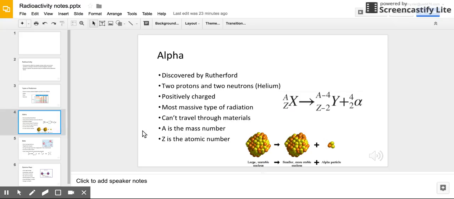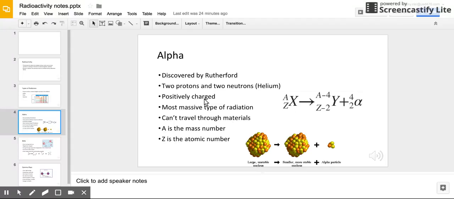Alpha decay was discovered by Rutherford, and it's 2 protons and 2 neutrons, which makes it a helium nucleus. It's right here in the equation. 4 is the mass number and 2 is the atomic number, so it's the nucleus of a helium atom.